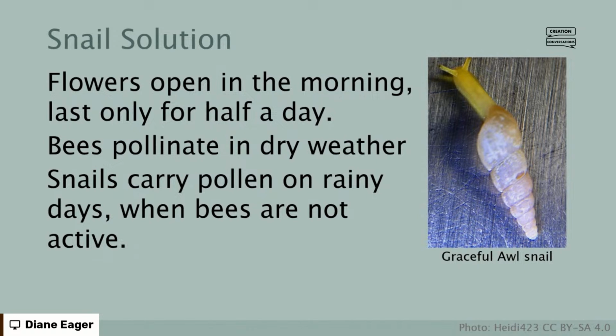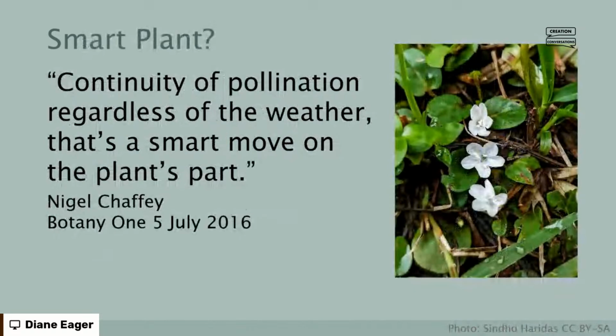But there was an interesting comment in the source that we had for this story, a blog about botany called Botany One. The author who wrote the article about this particular plant said, continuity of pollination, in other words, being able to be pollinated by two different things when one is absent, continuity of pollination, regardless of the weather, that's a smart move on the plant's part.